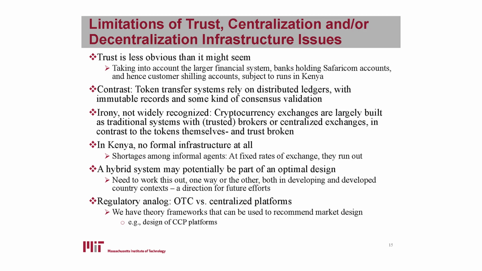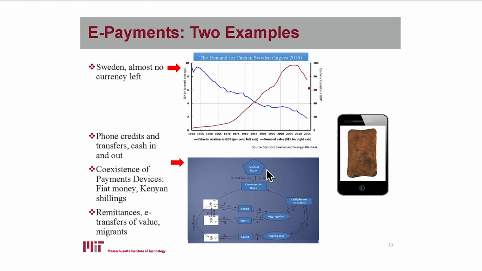The other thing is those agents, these guys, they run out of stuff. So you go and take your shillings and say, I want M-Pesa, and they can't create it. There's no net creation. It has to be a one-to-one transfer. They have to have it in their account already. And if they don't have it in the account, they got to say, well, wait, or come back tomorrow.